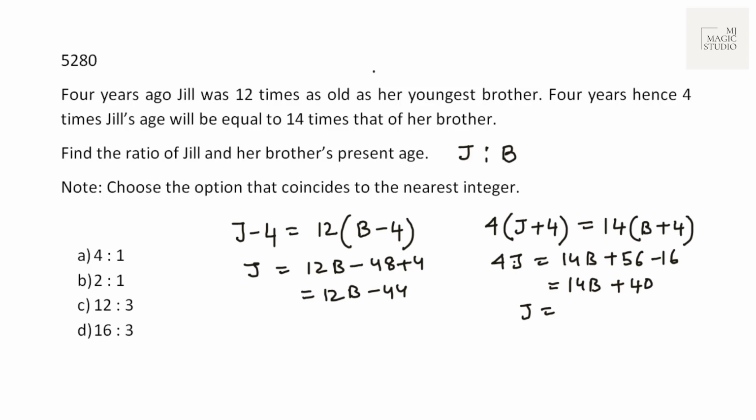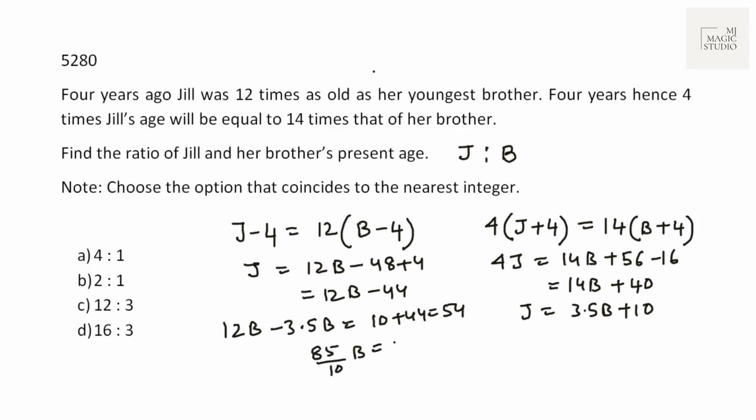So J equals 14 by 4, that is 3.5B plus 10. If I equate it, 12B minus 3.5B equals 10 plus 44, that is 54. 8.5B, or 85 by 10 B, equals 54. So B is 108 by 17.